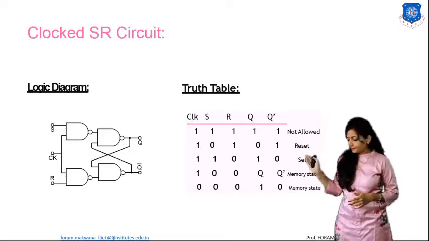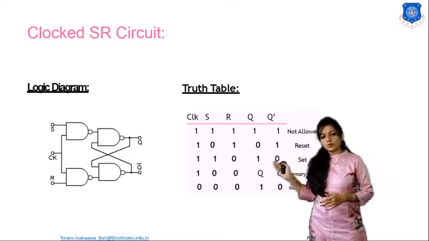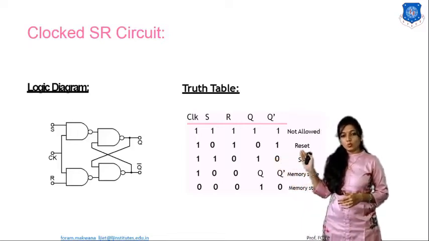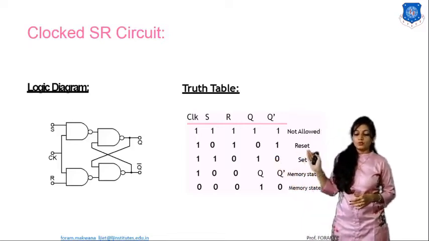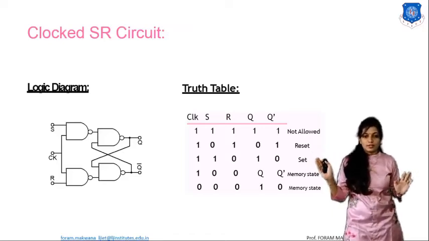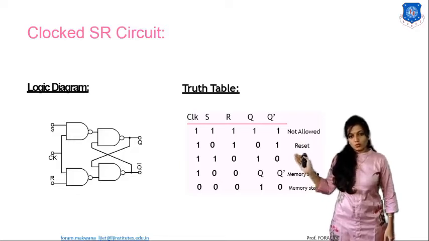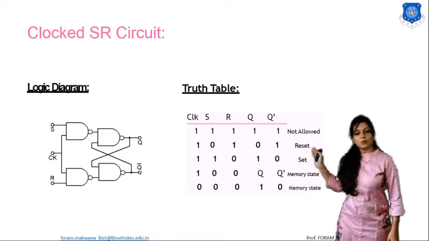Right? By applying clock equal to 1 and S and R equal to 1, my Q and Q dash are both 1, that is the not allowed state. S equal to 0 and R equal to 1, the flip-flop is reset.